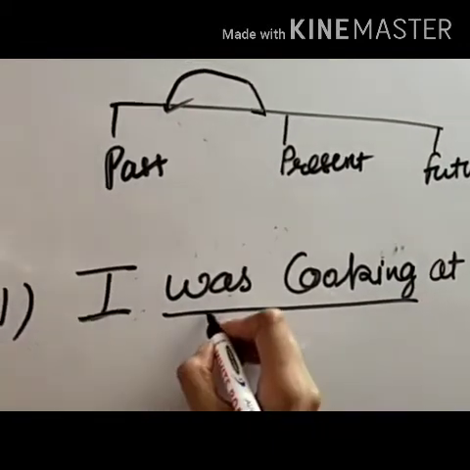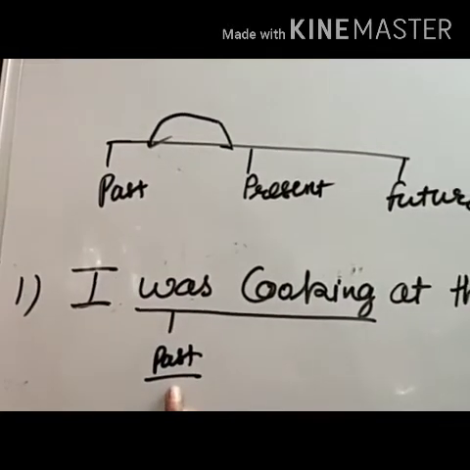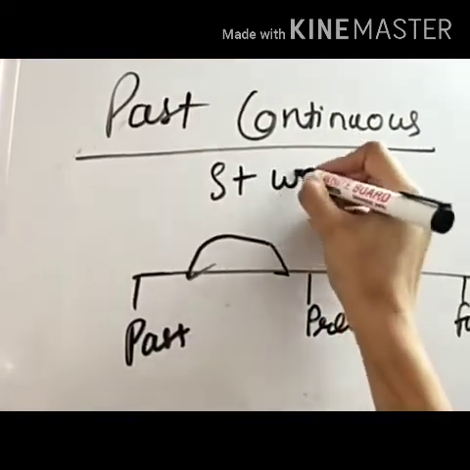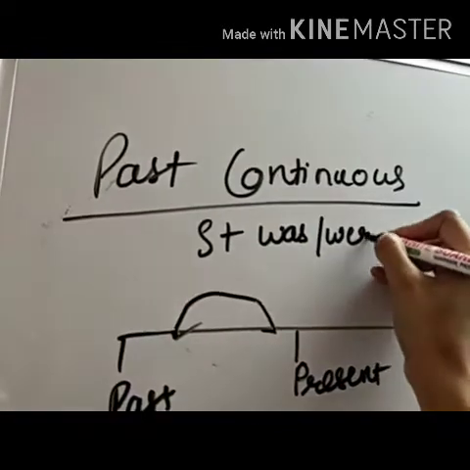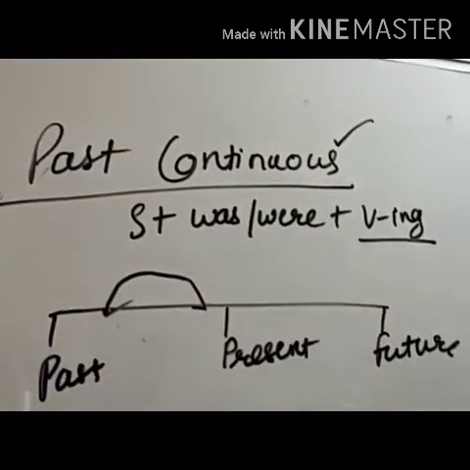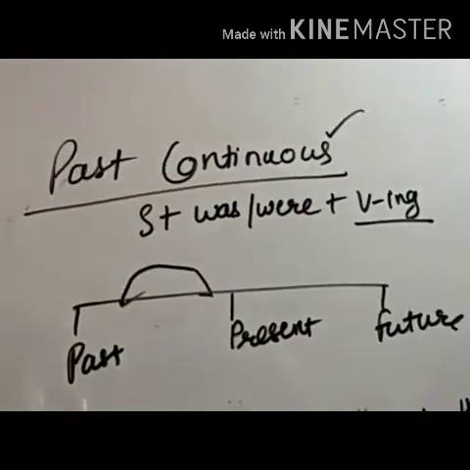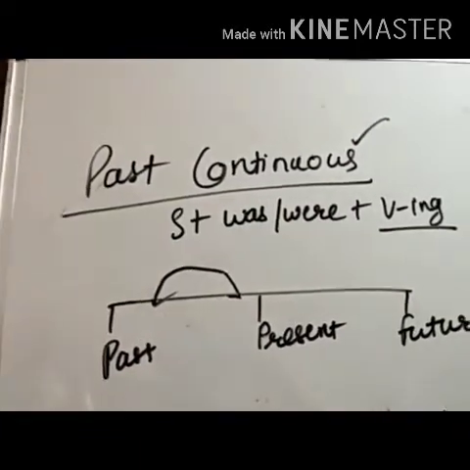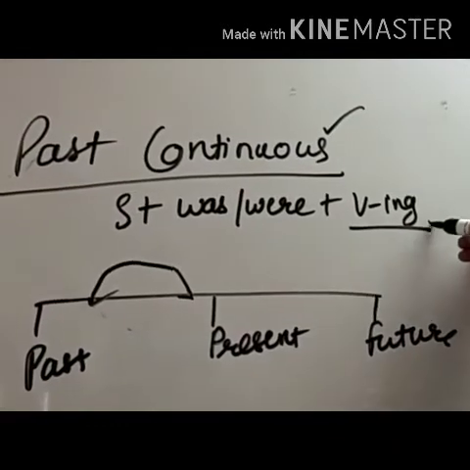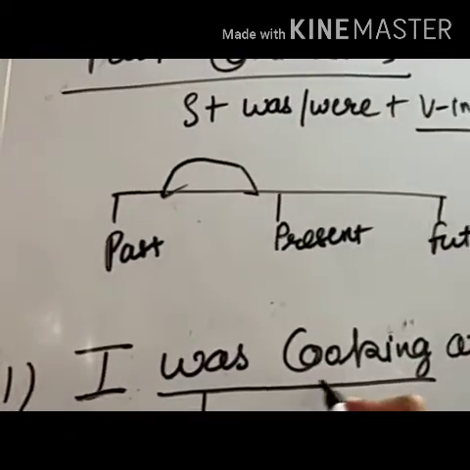was cooking. Was is used when we want to write about the past. Past continuous formula: subject plus was, were plus verb with ing. Whenever we use continuous, whether it is present continuous or future continuous, you always use ing. It's a very good trick to remember. So we apply ing with the verb.